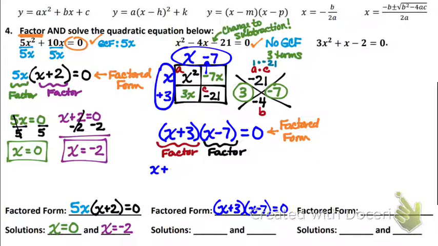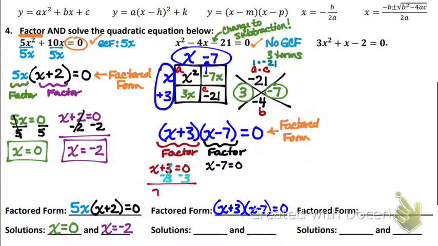X plus 3 equals 0. X minus 7 equals 0. What do I do right here to get the x all by itself? Minus 3 on both sides.